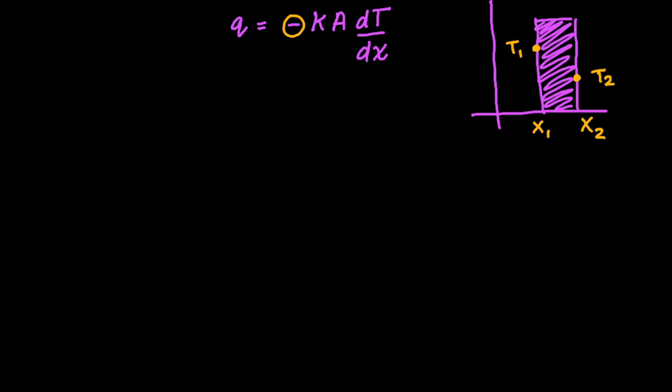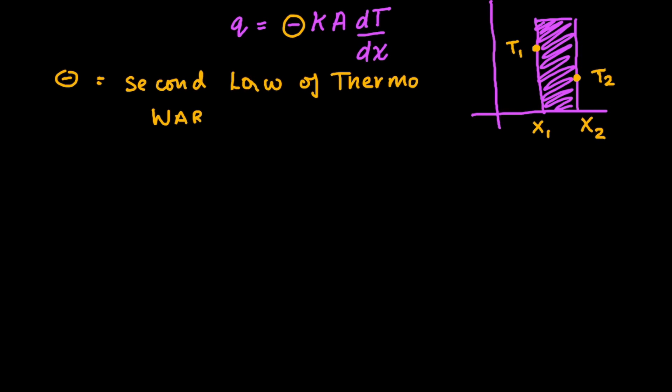This negative sign right here comes from the second law of thermo that states that heat flows from warm to cold, like high to low temps. K, we said, is thermal conductivity.